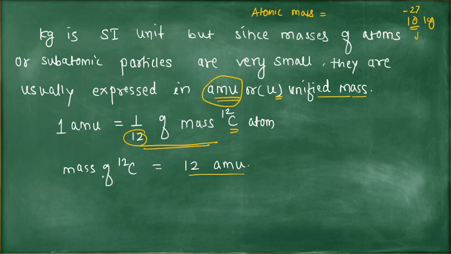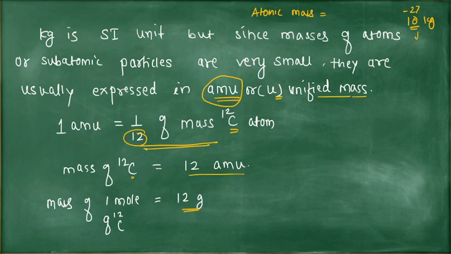If you take the mass of 1 mole of the element C12, which you have studied in chemistry, then instead of u you write g, gram. Mass of 1 mole of C12 is equal to 12 gram. This you have studied in chemistry.